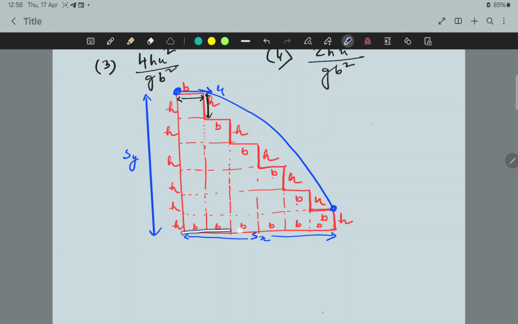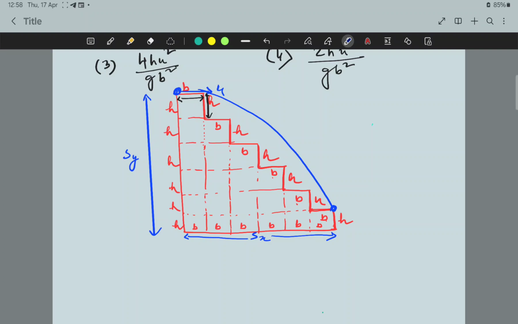Similarly, for finding sx, we have to add up the width of each step. So let's count the number of b's that we have. That is again equal to 6, because in the stairway we have 6 steps. So as many steps as there are in the staircase, that many widths will be there to get the x distance.